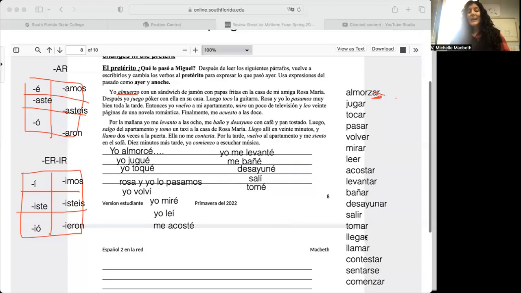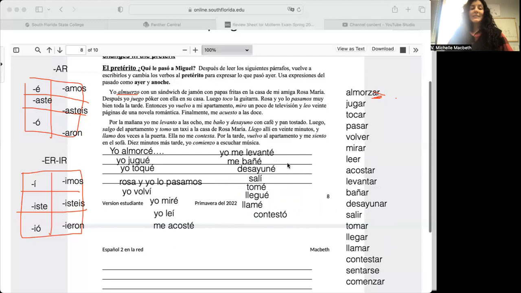Llego, so we have llegar, that's a yo. So it's going to be llegué. This one has a bit of a spelling weirdness in it. I apologize. Allí en 20 minutos. Y llamo, we have llamar, so it's going to be llamé. ¿No? Dos veces a la puerta. Ella no me contesta. So contestar is an AR, and that's ella. So ella no me contestó. ¿No? Por la tarde vuelvo.